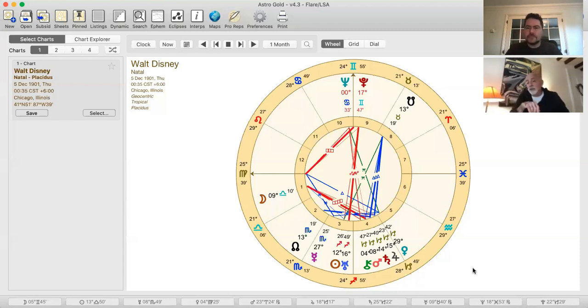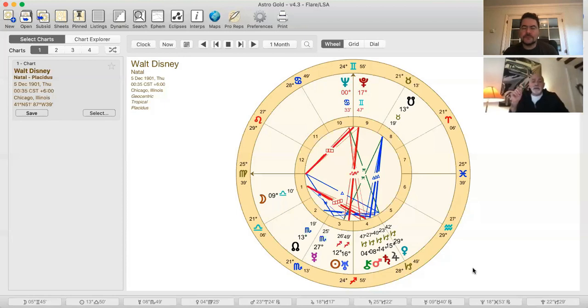I'm not sure Disney was influenced by anybody, but he was influenced by the needs of other people. He understood what the public needed, and he fulfilled that need. So I'll try to get an understanding of those two different kinds of introversion and extroversion. And then after that, I'll just go wherever the chart leads me.